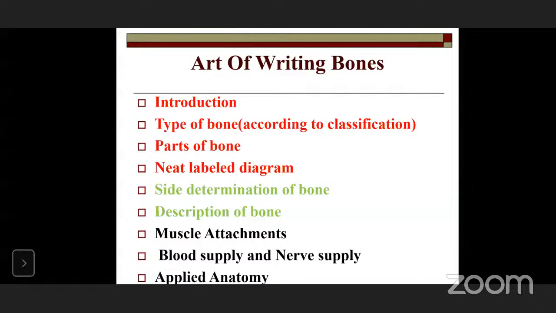It is like mathematics. In modern science and modern medicine, as well as in Ayurveda, the most scoring subject is anatomy, but most failures are also in anatomy. Why? Because it is like maths. If you write properly step by step, you will get full marks. But if you miss that, it is definitely very difficult to pass. So you should follow these steps; the point wise explanation will help improve your maths.